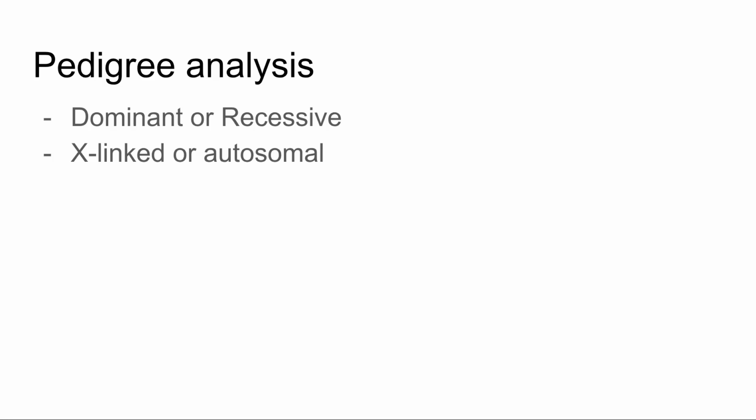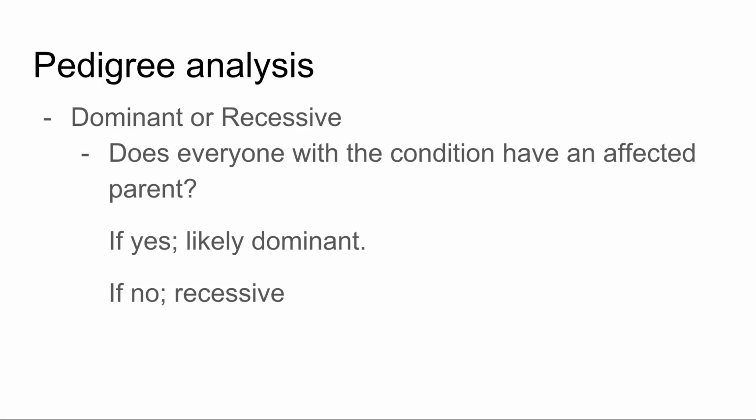The other chromosomes are your autosomal, or non-sex-linked, chromosomes. People in general have 46 chromosomes, so you have 44 autosomal chromosomes and 2 sex chromosomes. We're going to talk about determining whether things are X-linked or autosomal, dominant or recessive.